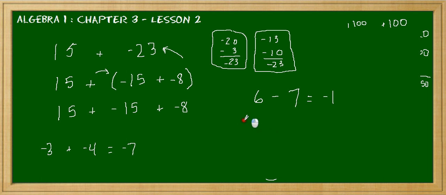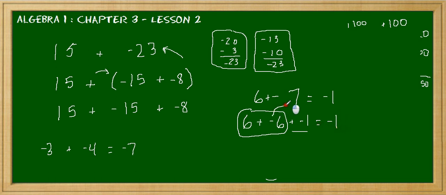Well, we also know that 6 plus negative 7, I should have written this as 6 plus negative 7. So we could rewrite this as 6 plus negative 6 plus negative 1, right? And here we would have had that same opposites eliminating, leaving us with a negative 1.